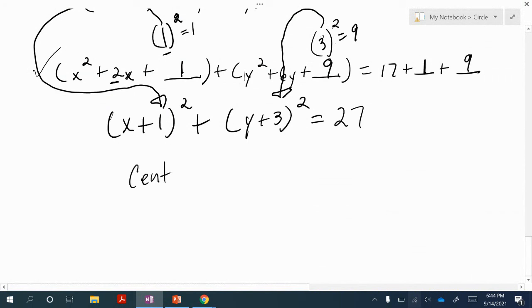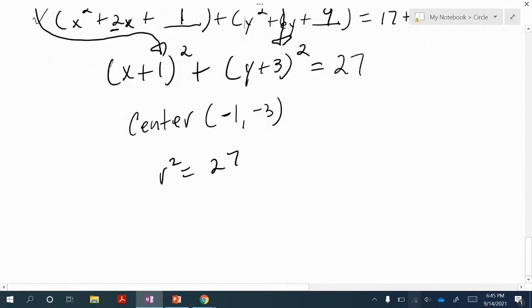So we want to find the center and the radius. So the center for our problem is going to be -1 comma -3. So keep in mind that the h and k values will change. And also, if r squared is equal to 27, we take the square root of both sides.